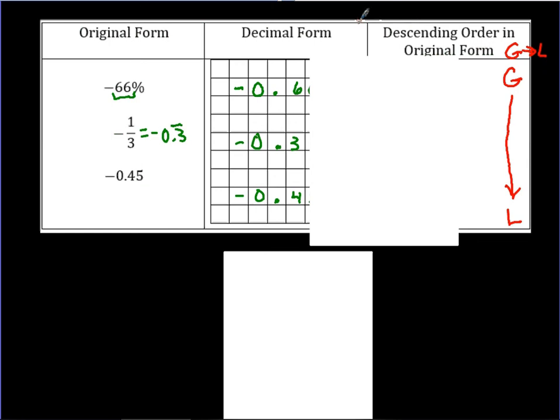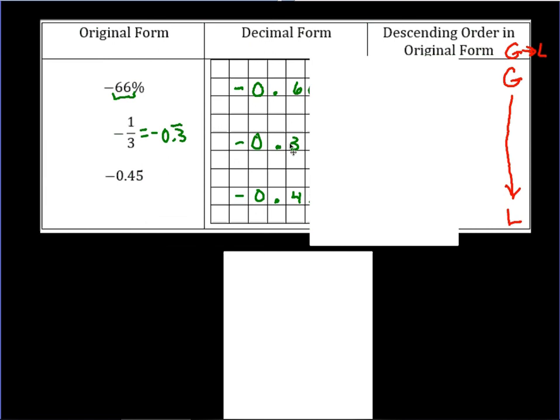Which one would be the furthest to the right, since I'm talking about the greatest? Which one out of these 3 numbers is closest to 0? We would actually see that this negative 0.3 is the closest to 0, because if you think of maybe a thermometer, we'd be going down that thermometer.